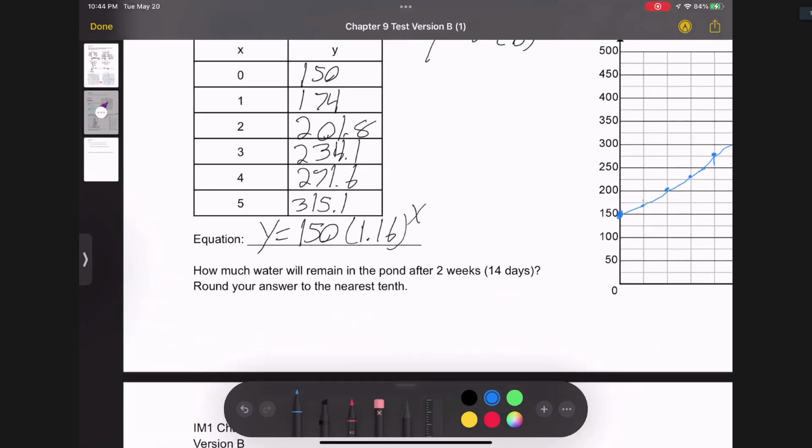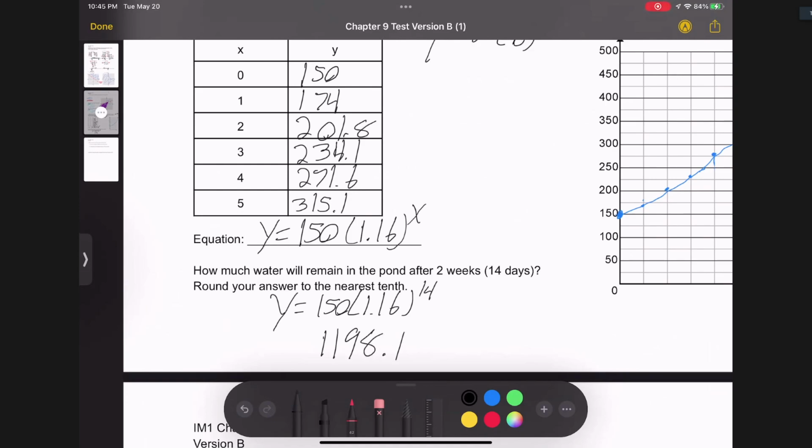If I were to plug in this equation, this is going to be y is equal to 150 times 1.16 to the power of 14. If I were to plug that into the calculator and round to the nearest tenth, it'll be 1,198.1.